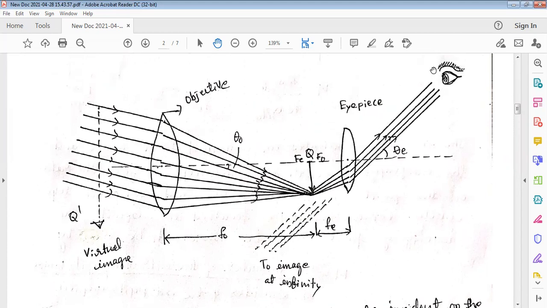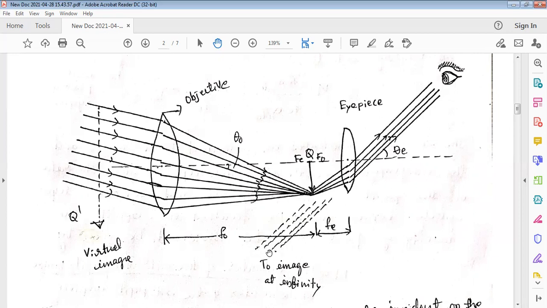You are seeing through this eyepiece, and what you will feel is that the image is formed at infinity, because these are straight lines, and when you look at these straight lines, the image is seen in such a way that it is at infinite distance.